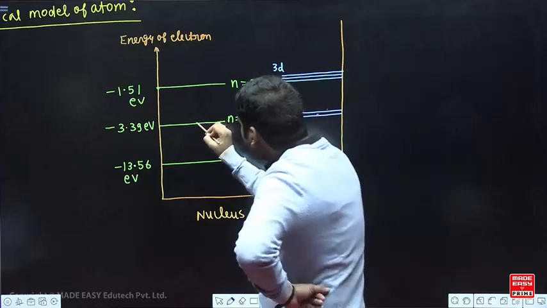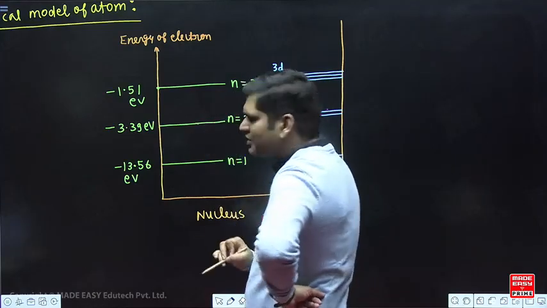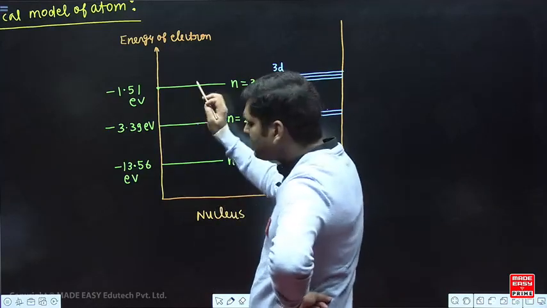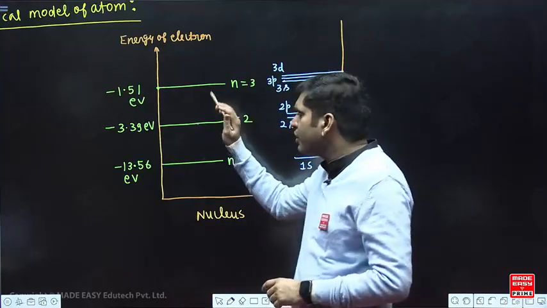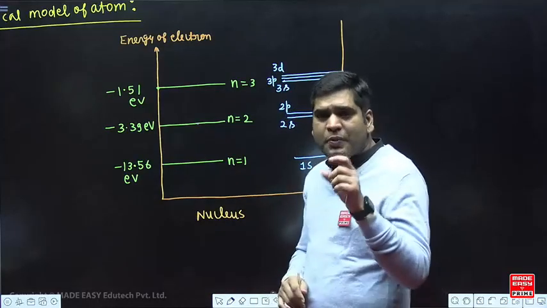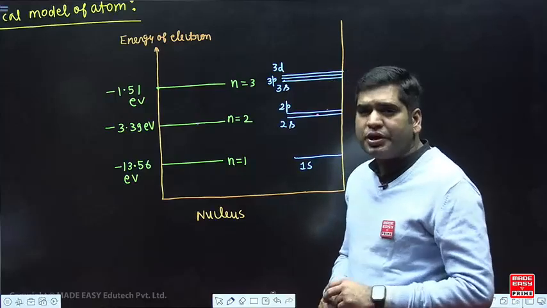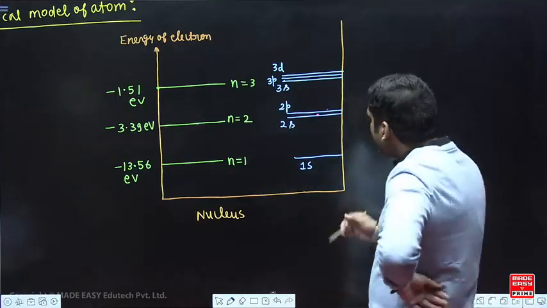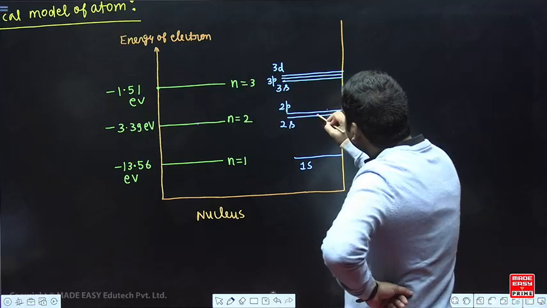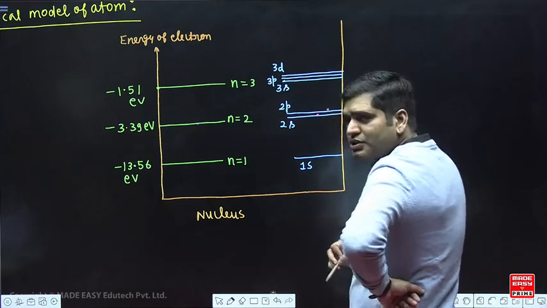So we cannot say precisely that electron is at this point, which Bohr was saying, because Bohr was not knowing about the subcells, he was knowing only about the cells. So if I include the Heisenberg's uncertainty principle, then I can divide the cell into subcells also, and we can say that the electron can be either at this location or it can be at this location.